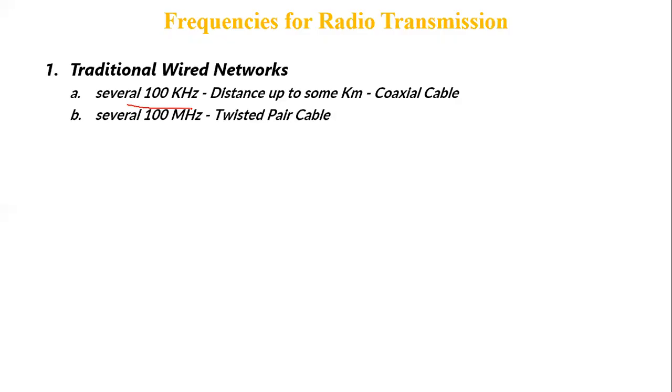Then comes the twisted pair cable, which supports signals with frequencies of several hundred megahertz. And then we have optical cable, fiber optic cable, which supports signals with frequencies of several hundred terahertz. So this is about wired networks.